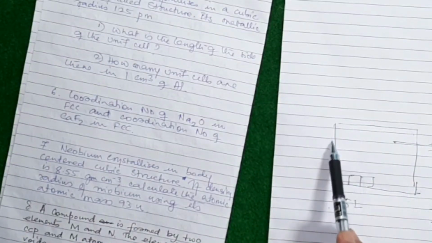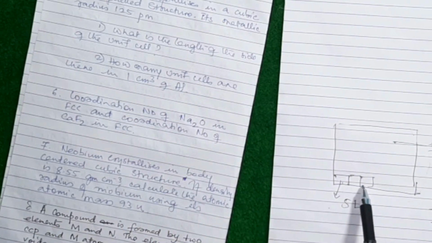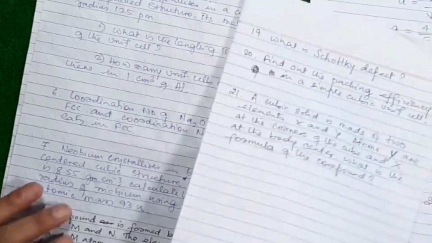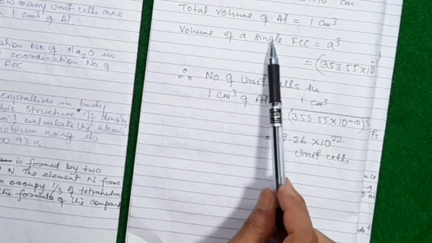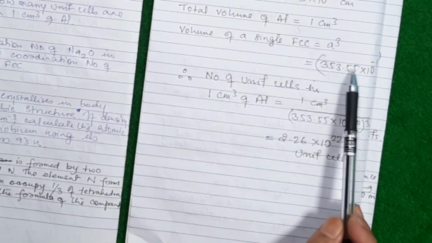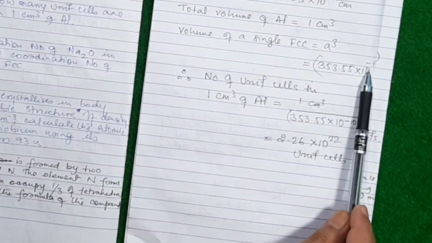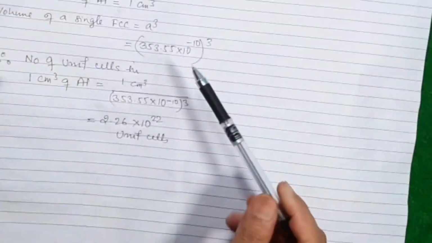So if you divide the total volume of aluminium, which is 1 centimeter cube, by the volume of each unit cell, then you can find how many unit cells are there. And that's what I've done. The volume of a single FCC unit cell is cubic, so a into a into a, which is a cube.